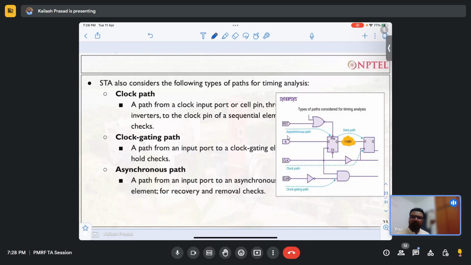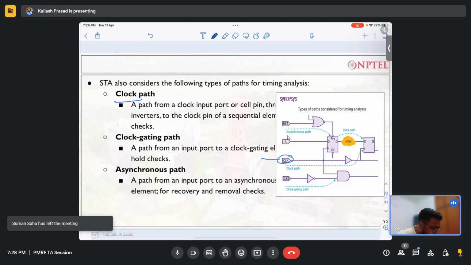Apart from the four different types of timing path, we also have three other categories of timing path. One is the clock path, a path where the clock is being transferred. Clocks are generated by PLLs, phase locked loops, a circuit which generates the clock.